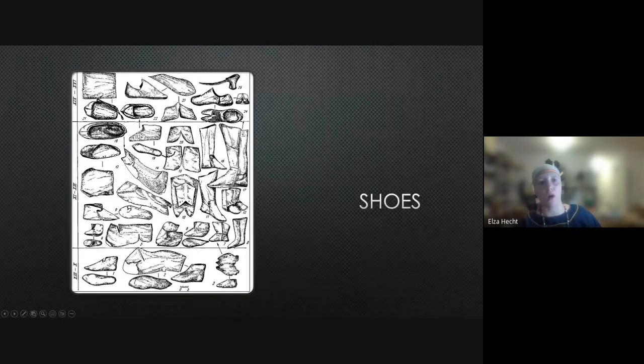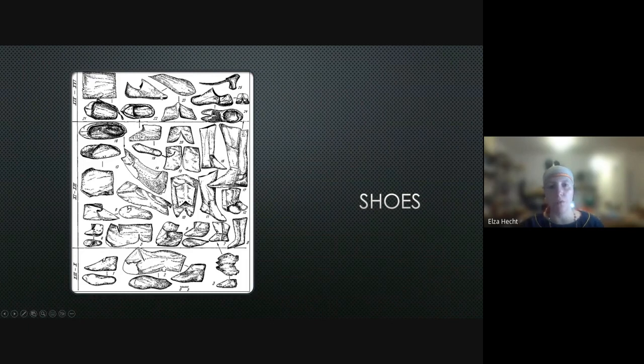Shoes, more shoes. I'm sorry, for some reason they got misplaced. So these are the shoes. You can see that's 10th to 13th century, 11th to 13th century, and you can see the heel right there. This is 14th, 15th century. If you would like to look into that, please do. The garb was evolving more into the European side at that point, so you will see more influence of Western Europe.